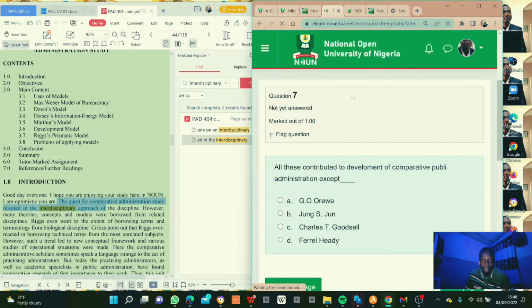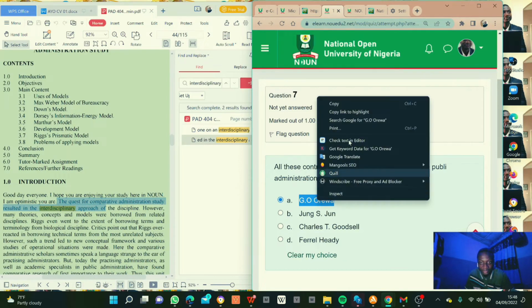Question 7, which says, all this contributed to the development of comparative public administration, except contributors. Then there's a mistake there. It was public administration. Okay, let's begin to check if this name exists in the material.